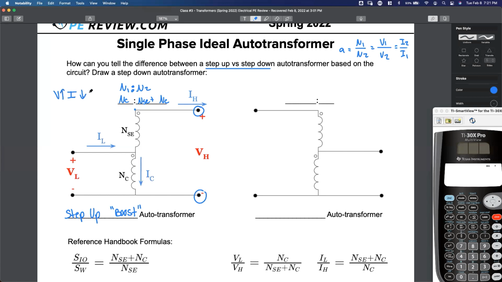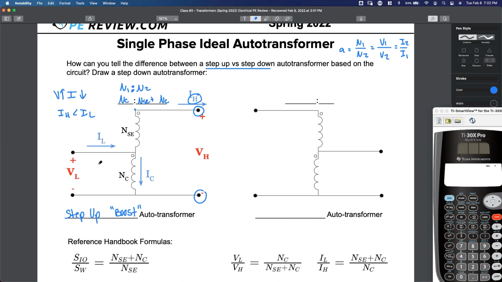So if our secondary current is smaller, I_H is less than I_L. The current on the high voltage side is going to be less than the current on the low voltage side. Does that make sense?